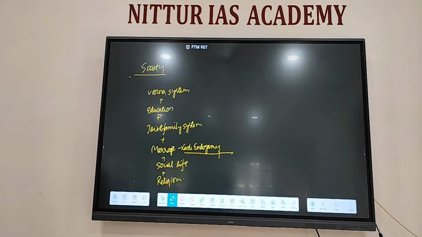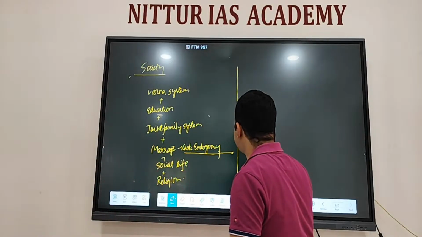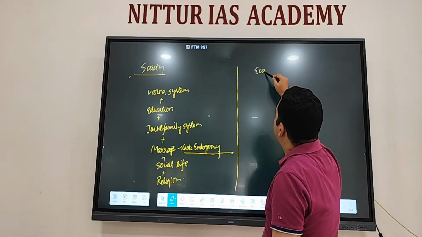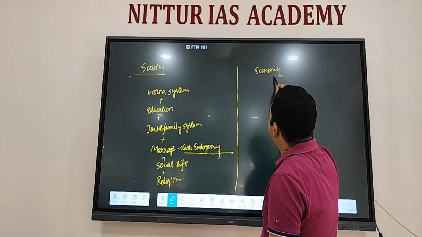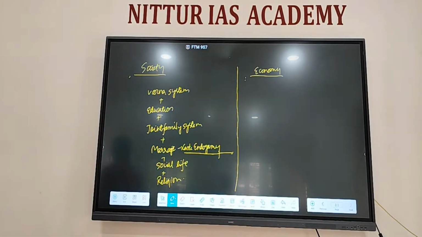Fine. So these are the major things enjoyed in the form of social life. These are the main elements of Gupta society. We'll come to religion. First we'll write economy, then we'll write religion. Totally 7 points.